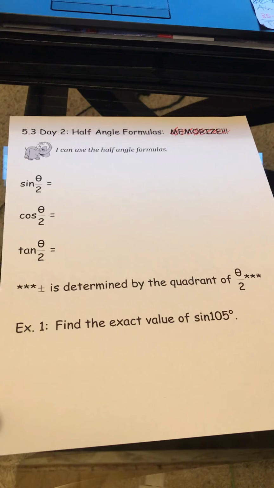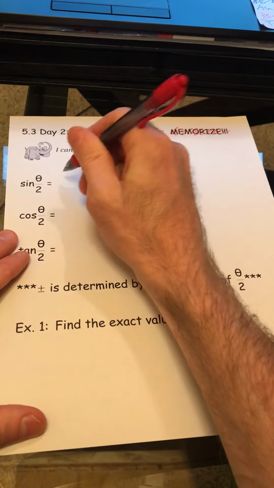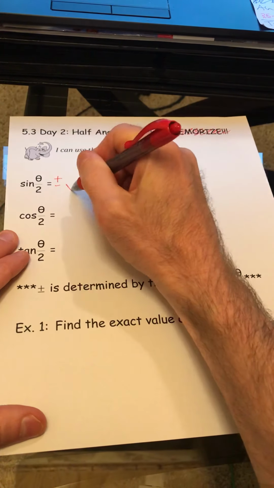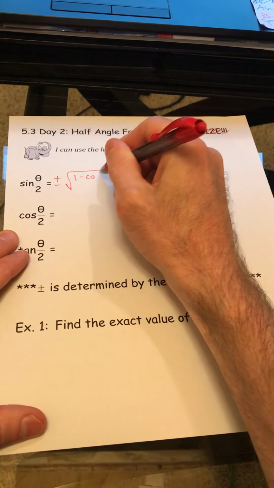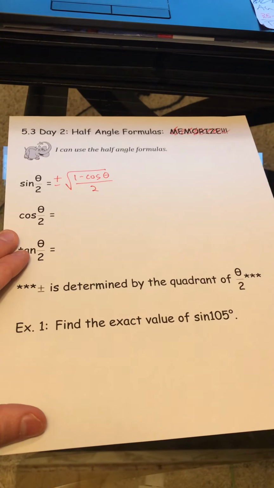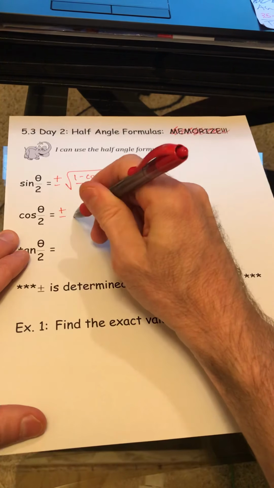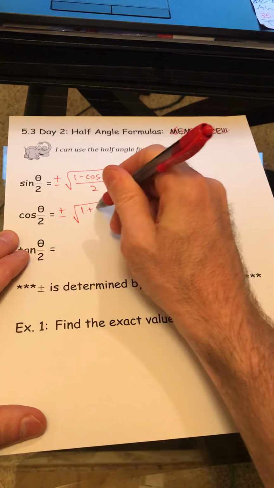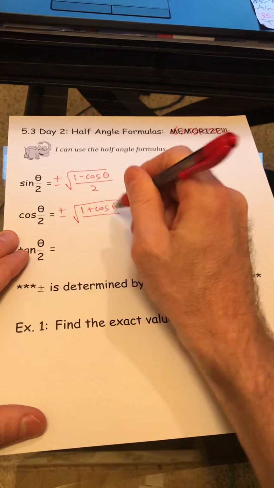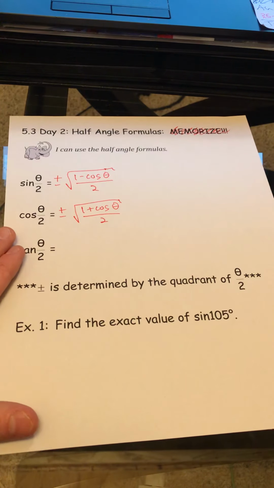So when we start talking about our half-angle formulas, there are three of them, one for sine, one for cosine, and one for tangent. The sine of theta over 2 is plus or minus the square root of (1 minus cosine theta) over 2. For cosine of theta over 2, it is also plus or minus the square root of (1 plus cosine theta) over 2. So you can see between the two formulas there is just a very small difference.